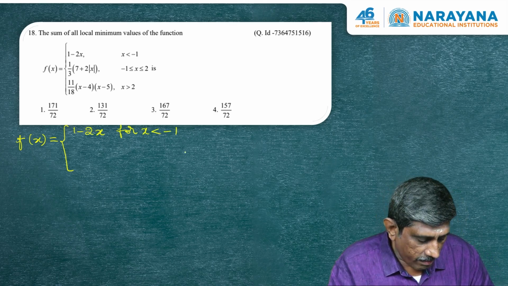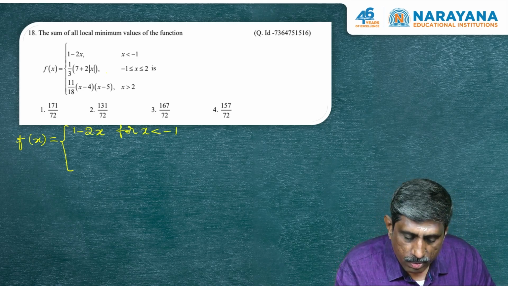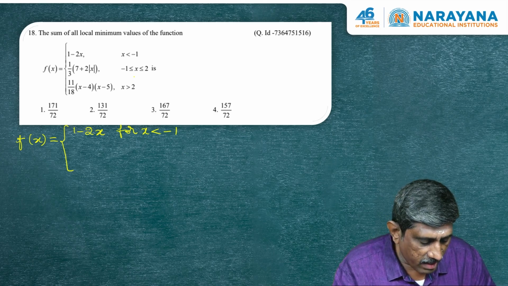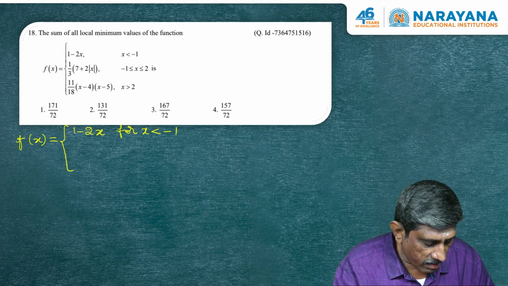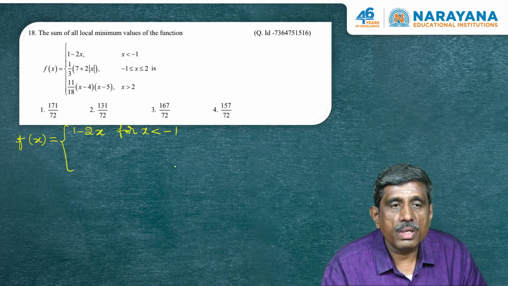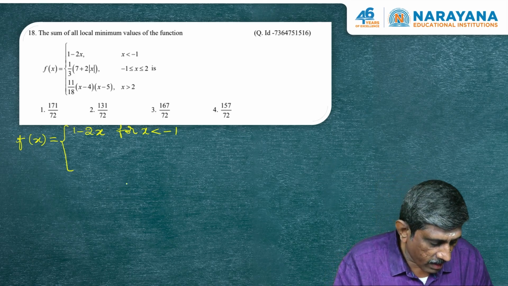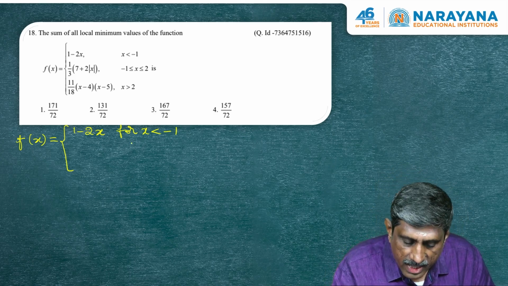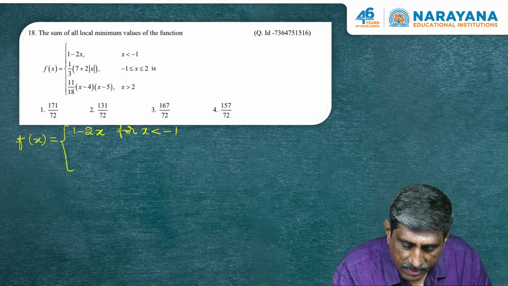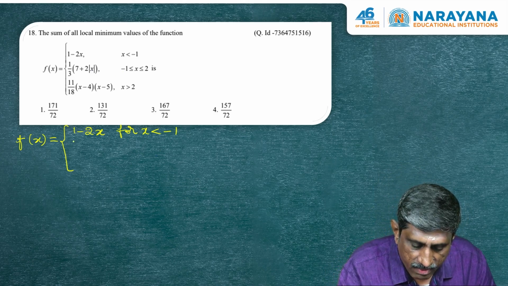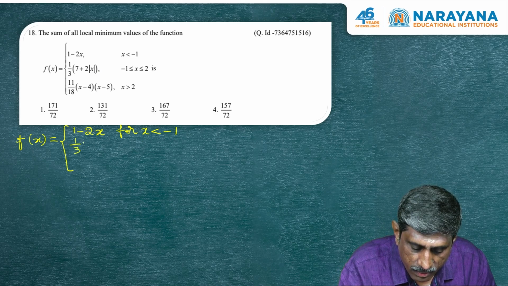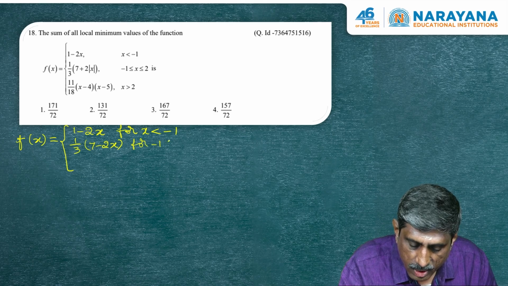In between minus 1 to 0, we will change the function here now. In between minus 1 to 0, modulus of x is going to become negative, which is 1 by 3 times of 7 minus 2x for minus 1 less than or equal to x less than 0.